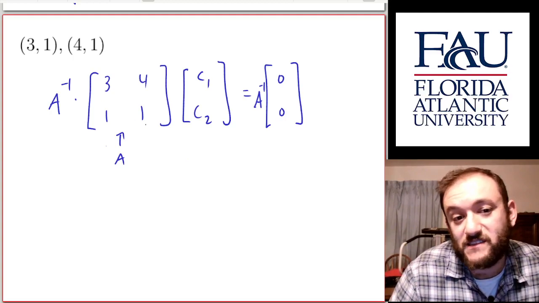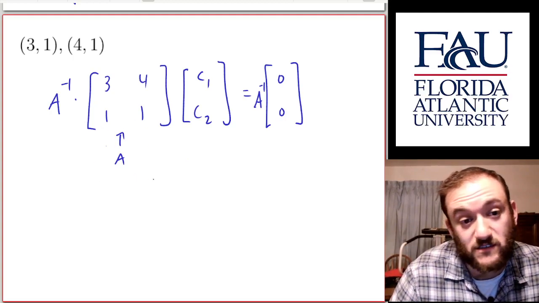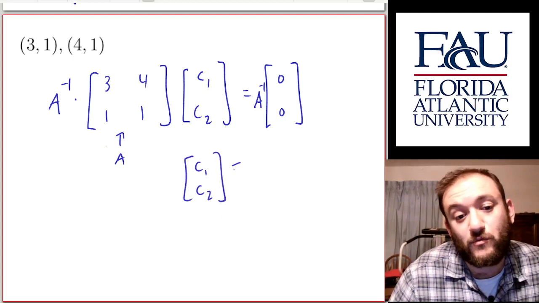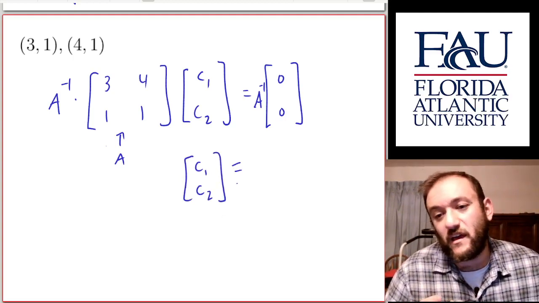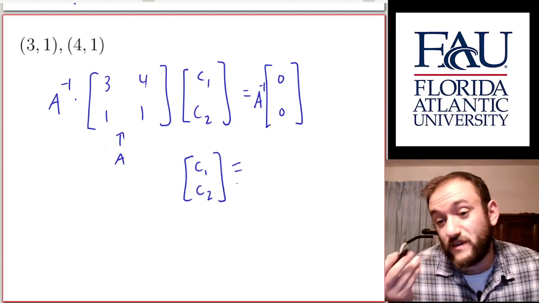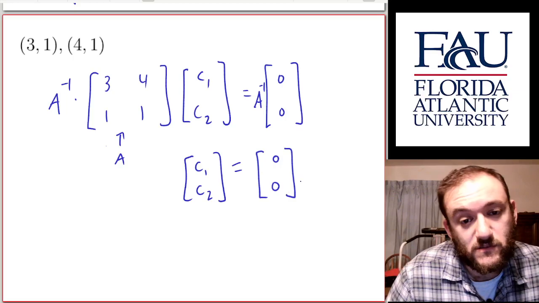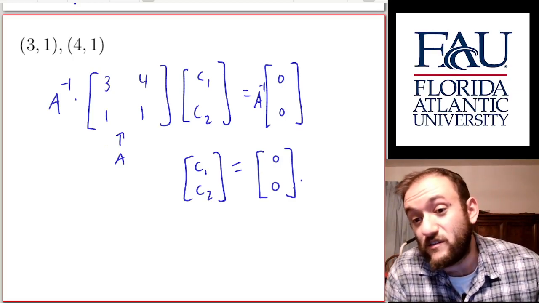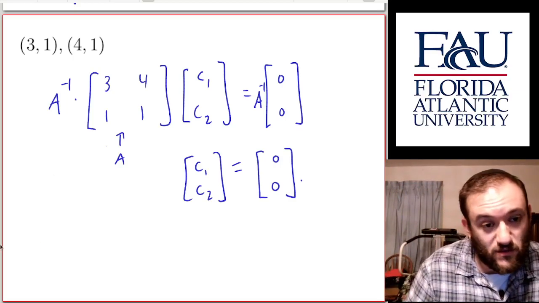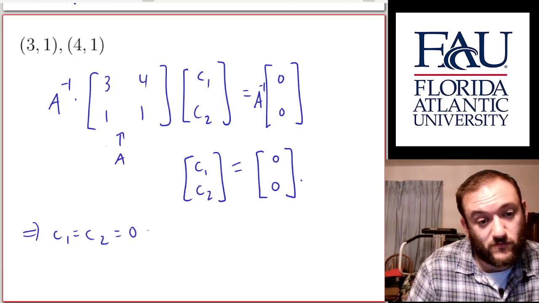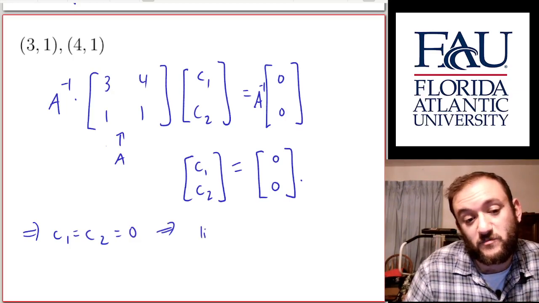On the left-hand side, these matrices cancel and we get (C1, C2). And on the right-hand side, whenever you multiply a matrix by the vector (0, 0), you get the vector (0, 0) back. So we get that C1 is equal to 0 and C2 is equal to 0, which implies that these are linearly independent.